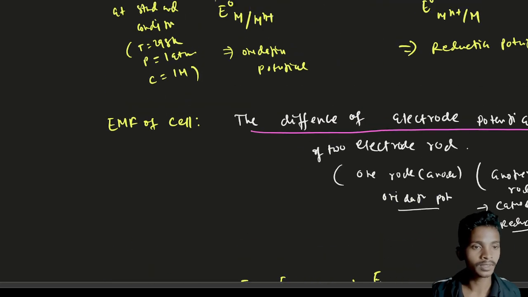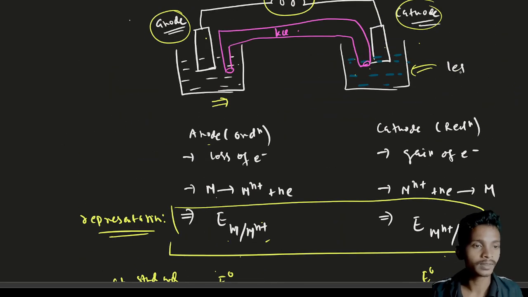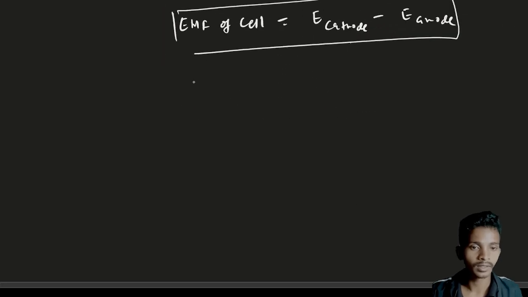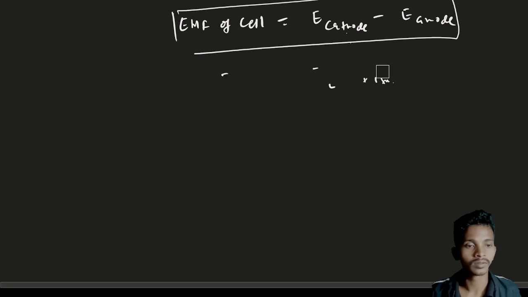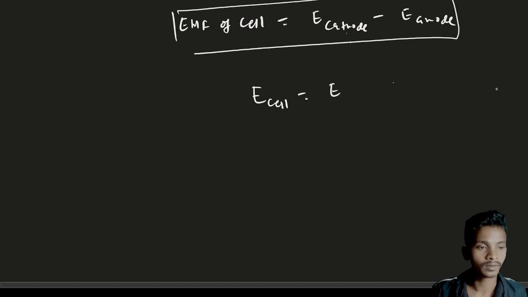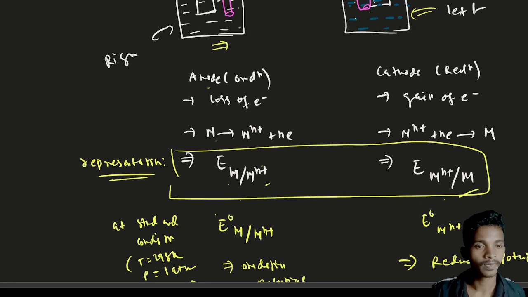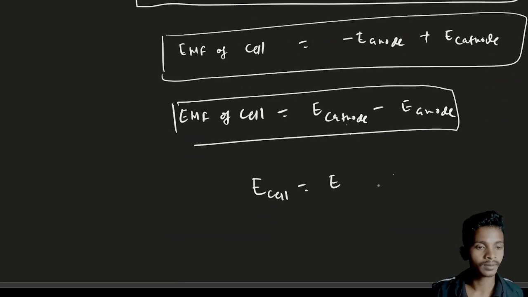In the cell notation, the anode is on the left side and the cathode is on the right side. EMF can also be written as E cell, so E cell equals E of right minus E of left.